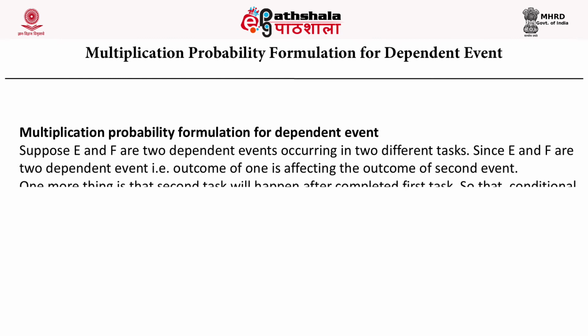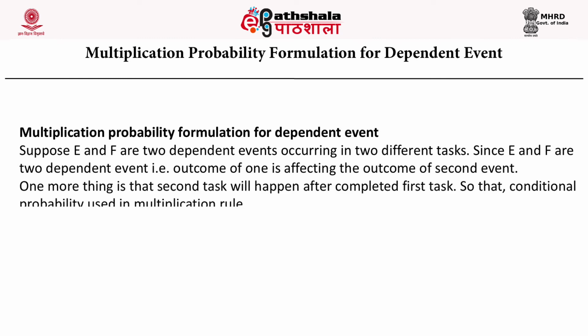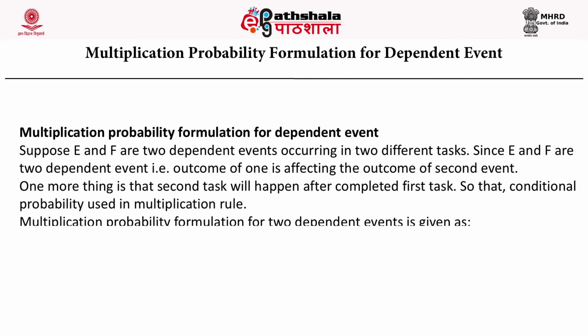For the multiplication probability formulation for dependent events, we suppose two dependent events occurring in two different tasks. So E and F are two dependent events, that is, the outcome of one affects the outcome of the second. The second event will happen after completing the first task, so the conditional probability concept is used in the multiplication rule.